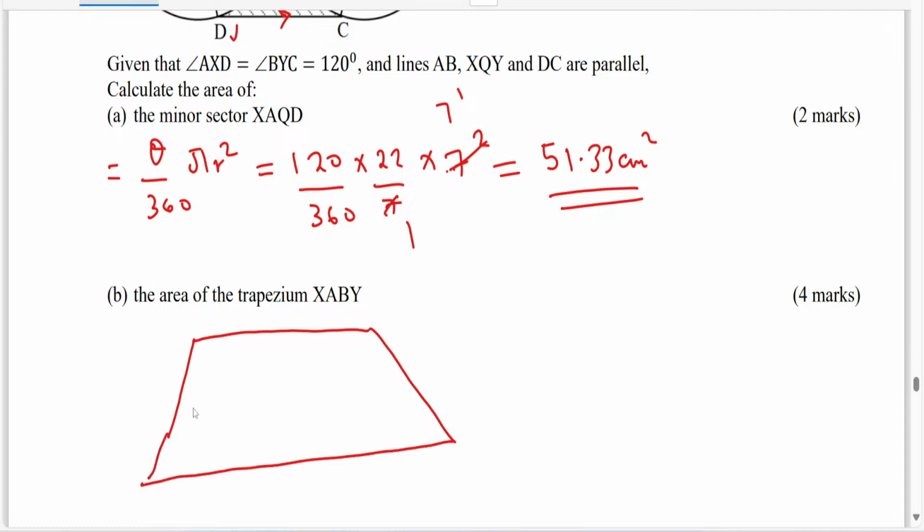So which is just very simple for us to solve. So we all know that for the area of a trapezium is given by a half into bracket a plus b times height. Yeah. So that's one thing that you know. So nothing other than that.